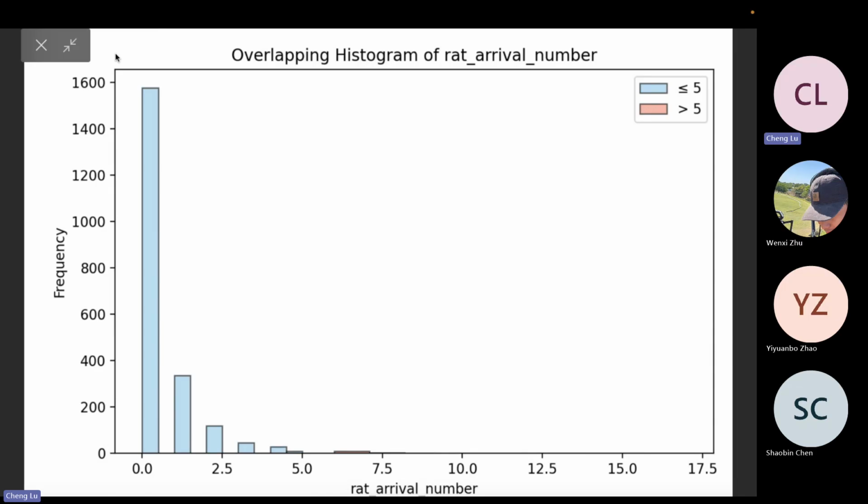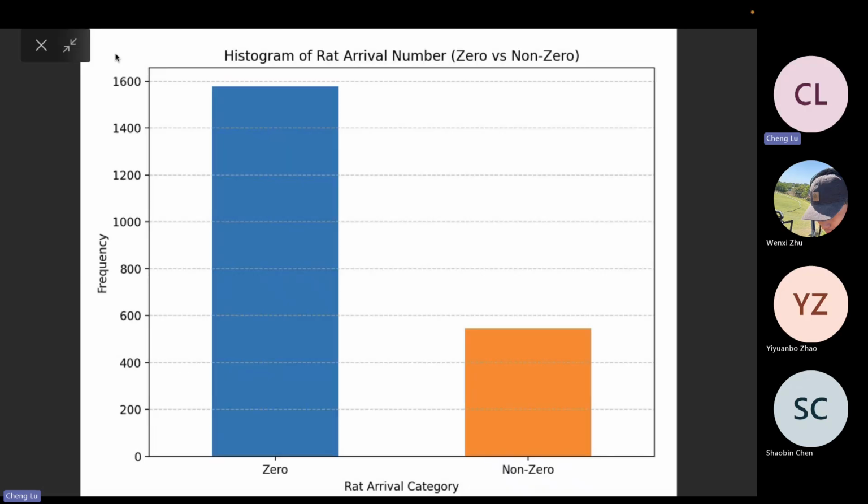However, since the former group was too small in the dataset, I changed the grouping to 0 rats versus non-zero rats, which is this diagram. This sets up a natural comparison for landing activity and risk taking under rat presence. We will walk through the visual contrast on bat landings with rats versus without rats.